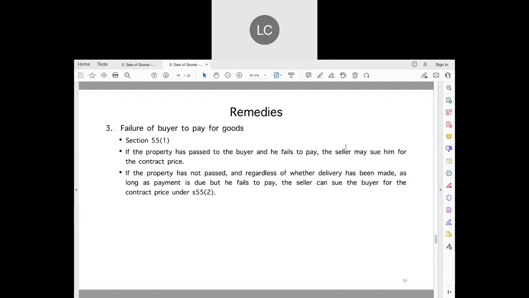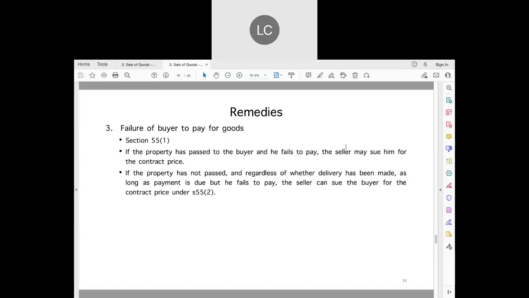The buyer wrongfully neglects or refuses to pay for the goods according to the terms of the contract. So in essence, under section 55(1), if the property has passed to the buyer and he fails to pay, the seller may sue him for the contract price.